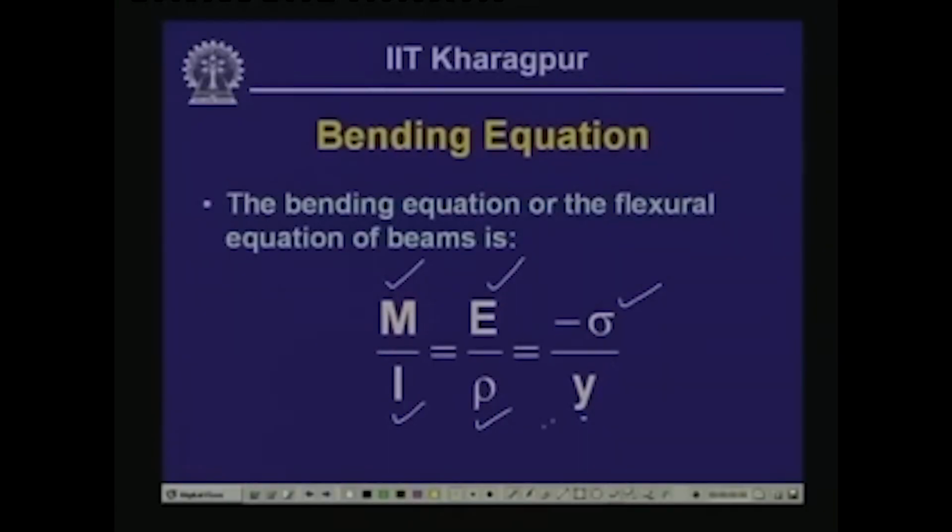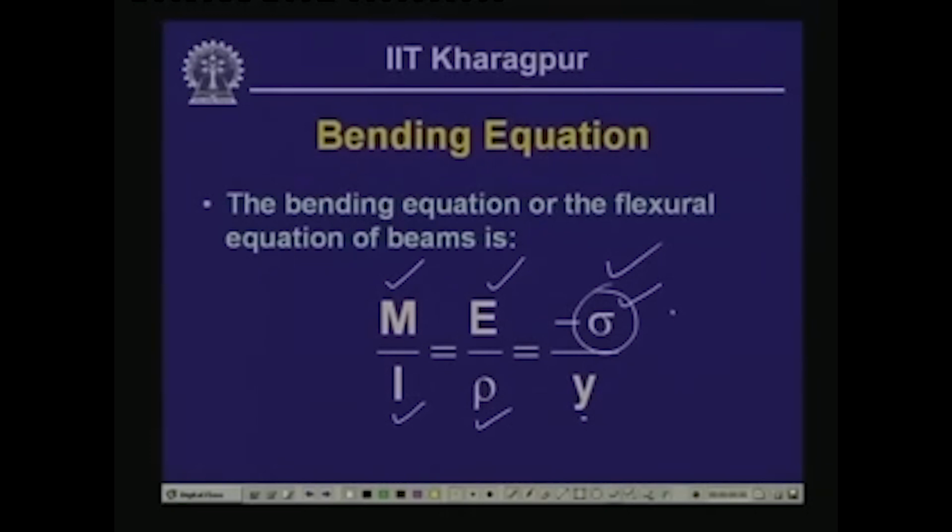In a beam at a particular cross section, if we want to evaluate the bending stress, the location of that point with reference to the neutral axis will be known, and hence the distance y will be known. I is the moment of inertia of the cross section with respect to the neutral axis, and M is the bending moment acting at that particular section. So, once we know these parameters, we can compute the value of sigma.